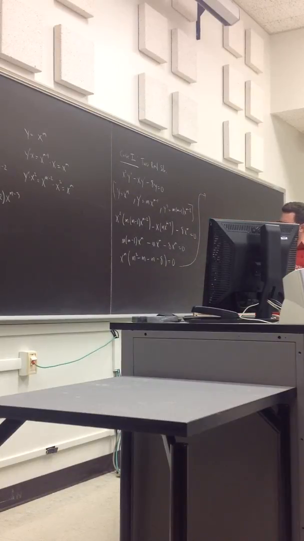That leaves us with m squared minus 2m minus 8 equals 0. This factors as m minus 4 and m plus 2 equals 0, so m equals 4 and m equals minus 2. This is called the auxiliary equation.